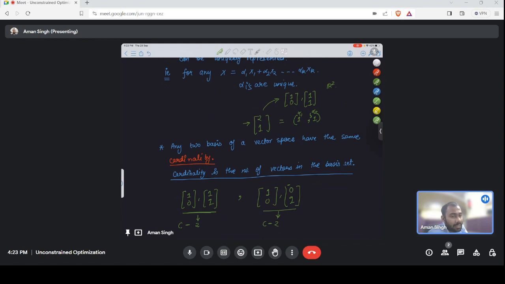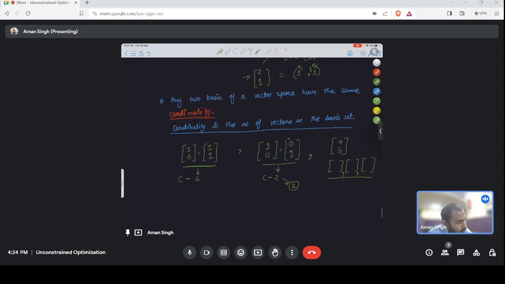So this property says that there can be no basis in R square which has cardinality other than 2. There can't be a single vector (a, b) which spans the whole of R square, and there can't be more than two vectors which are all linearly independent as well as span R square. So cardinality for any basis in R square has to be 2, and it is the same for all the bases in any vector space. This property says.